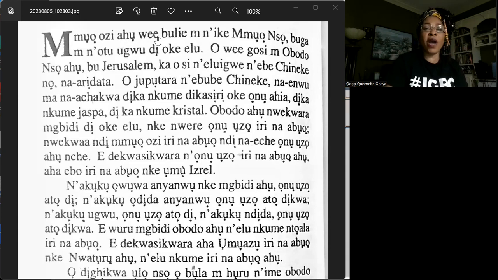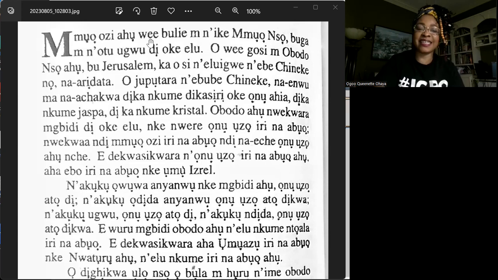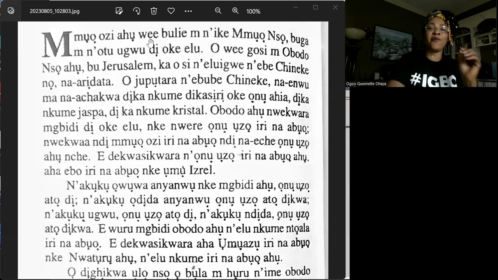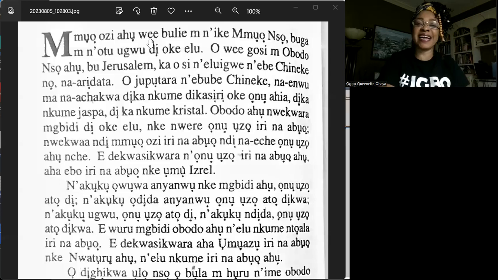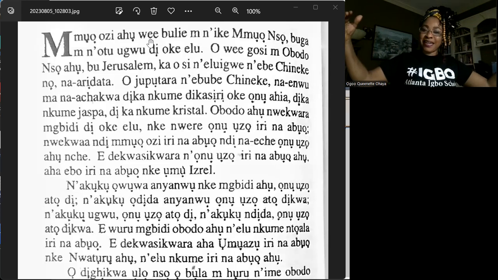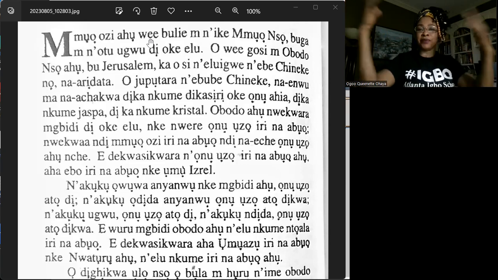Where bilie, where? When you see double letter E or any double letter, you stretch it, you draw it. Where bilie? Bilie means got up. That angel got up, resurrected, or just got up to go somewhere.